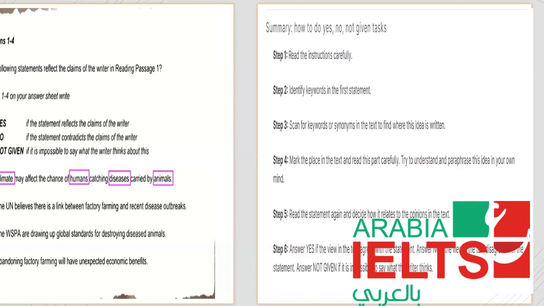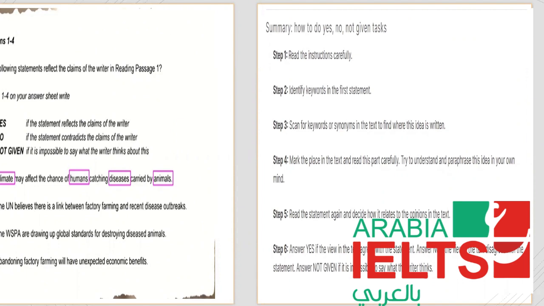If you find it very difficult to find that information in your passage, then there's a high possibility that the information is considered to be not given. So do not push your time to try to guess.